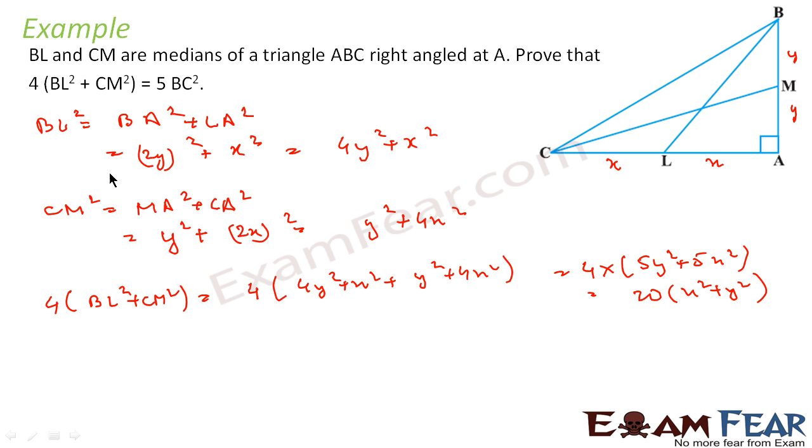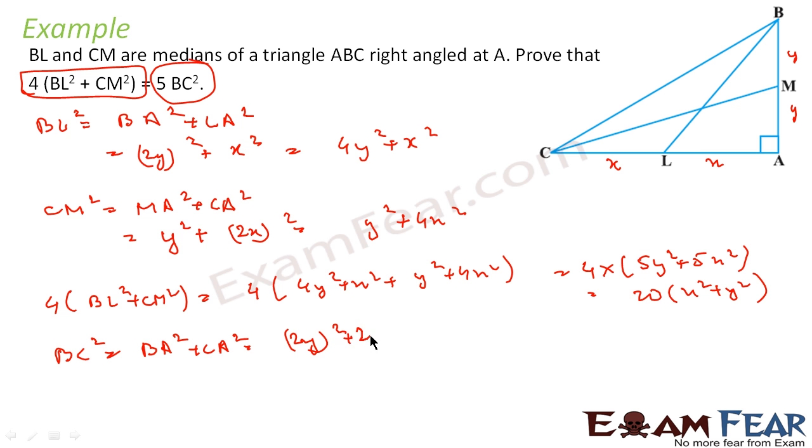That is the value of the left hand side. Correct? Now you have to find BC square. BC square is nothing but, in this triangle ABC, BA square plus CA square, that is 2y square plus 2x square, that is 4x square plus 4y square, that is 4 times (x square plus y square).